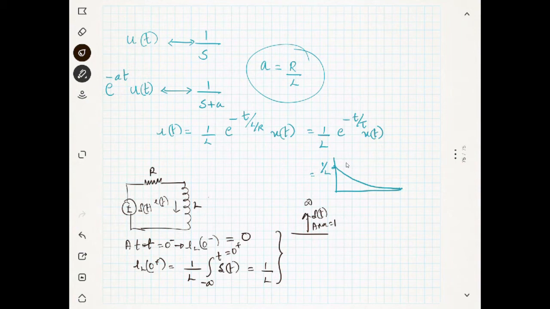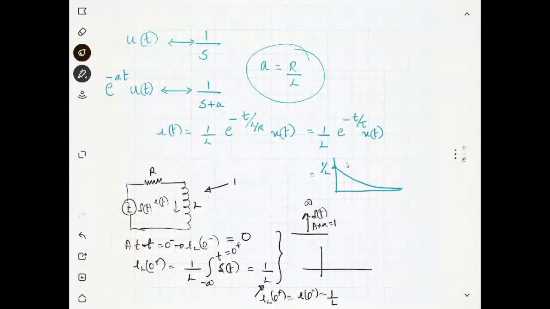Your initial current, I of 0 plus, becomes 1 over L. And you know that this is an RL network.